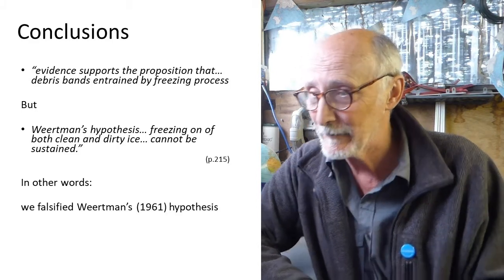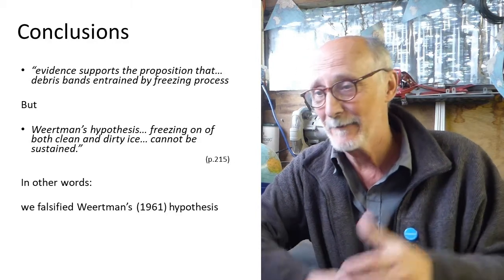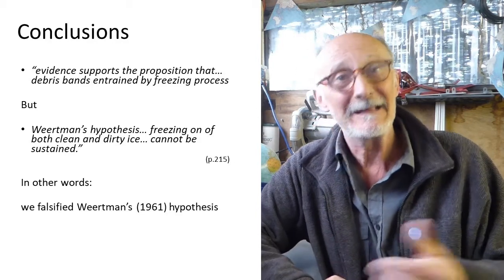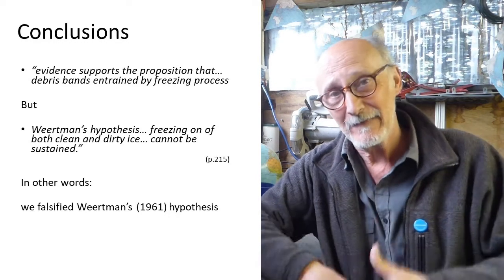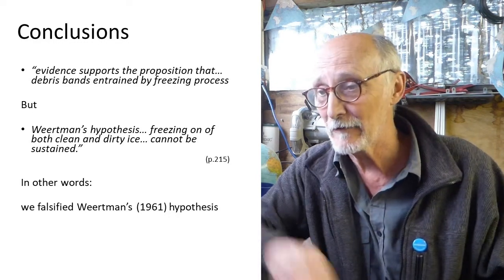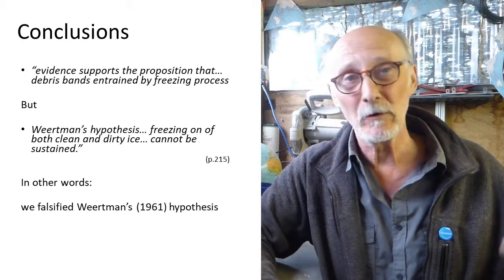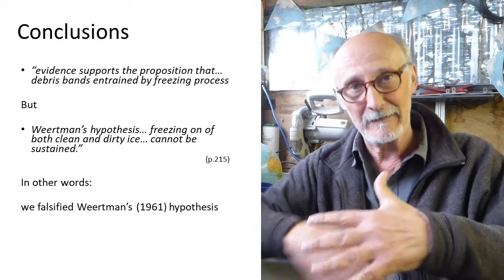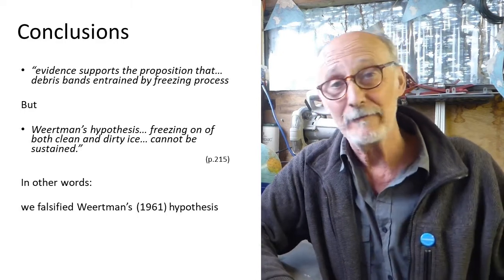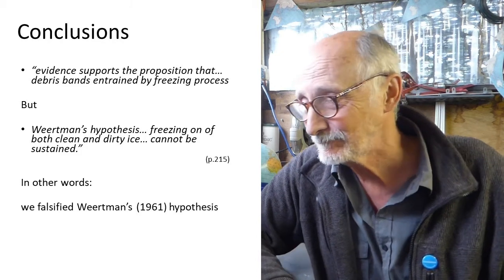But Weertman's hypothesis, which was that freezing on of both clean and dirty ice was happening, that can't be sustained, because we just saw that the clean ice layers are meteoric, the debris bands are frozen on from below. So some of the basal ice is created by that mechanism, but not all of the basal ice. So Weertman's hypothesis that all of the basal ice was formed in that way, we falsified it in a very straightforward kind of way.